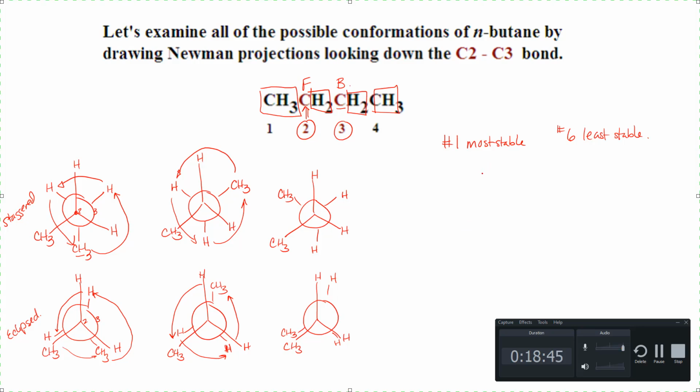So now how are we going to rank the stabilities? Well, here's what I like to talk about. For these Newman projections, I like to talk about interactions that are unstable.